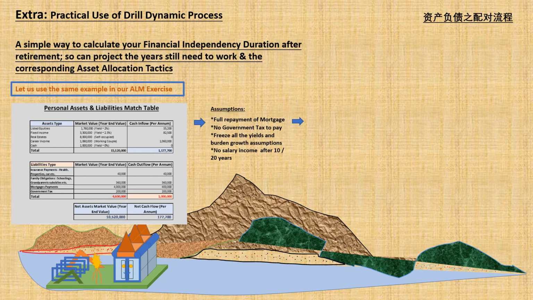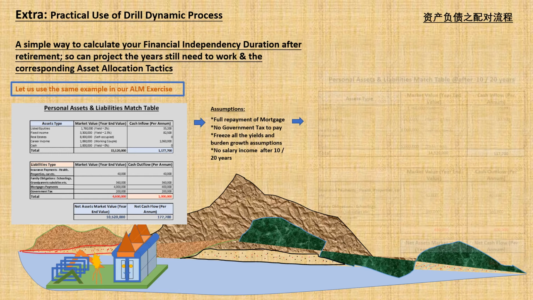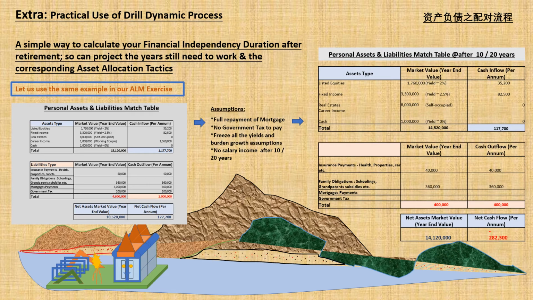So remember, there is no salary income after the 10 or 20 years scenario. So we got the numbers. After you stop working, you have a negative cash flow value, obviously, but you have the net asset value. This is positive. It's mainly coming from your property, like most of us.